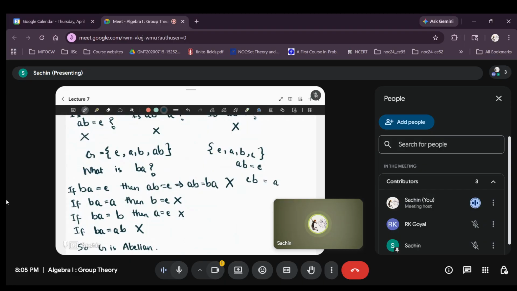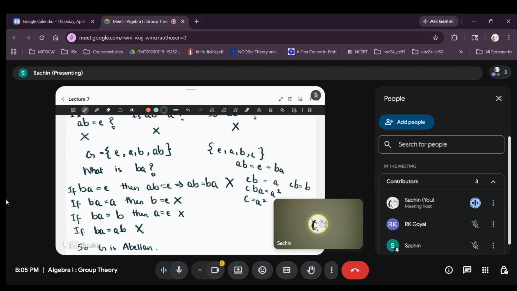If CB is equal to A, that would mean that CBA is equal to A square, but AB is equal to E is equal to BA. So C is equal to A square. That's possible.